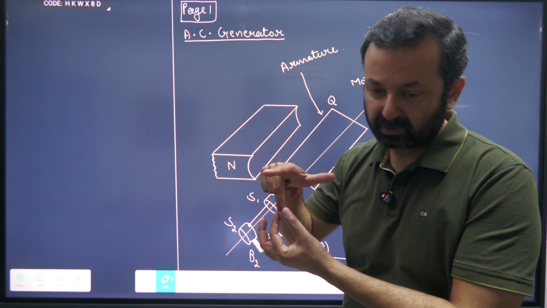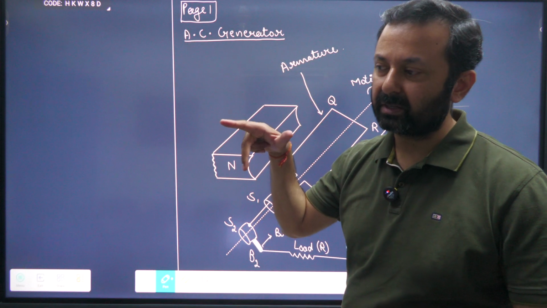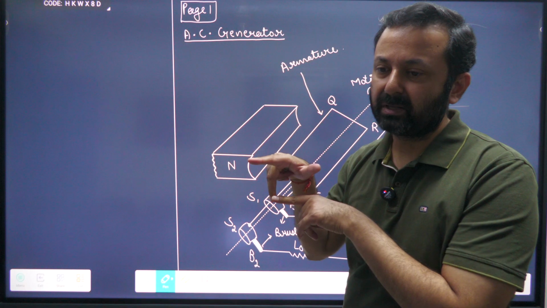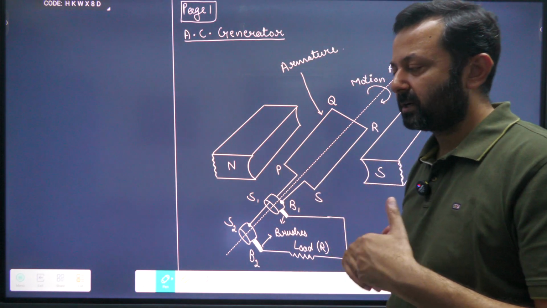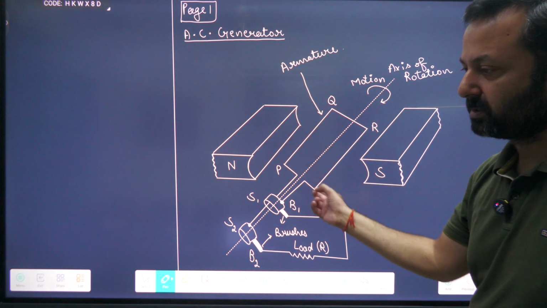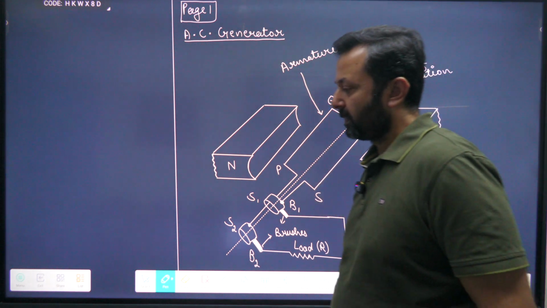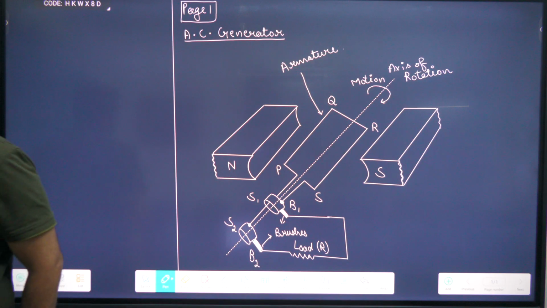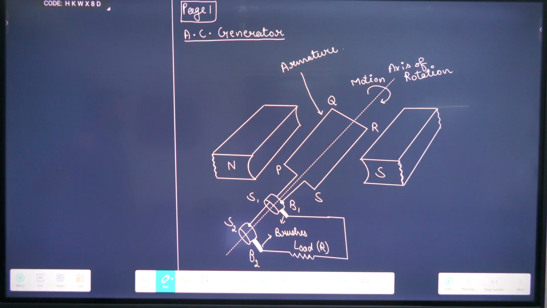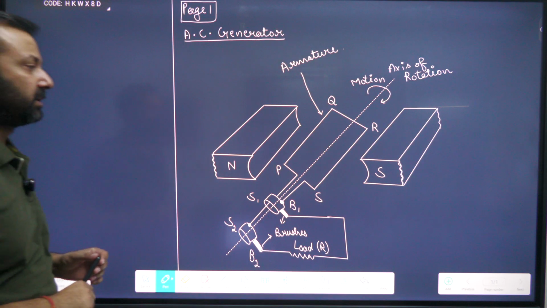Now, what does the central finger indicate? This time, the central finger indicates induced current, the current which gets produced by the motion of this rectangular coil. Just see the working and try to understand it.